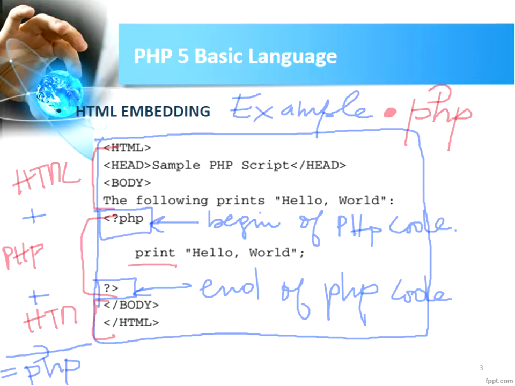It is equivalent to system.out.println in Java or printf in C. So print means I want to display hello world. Any questions about this first example?